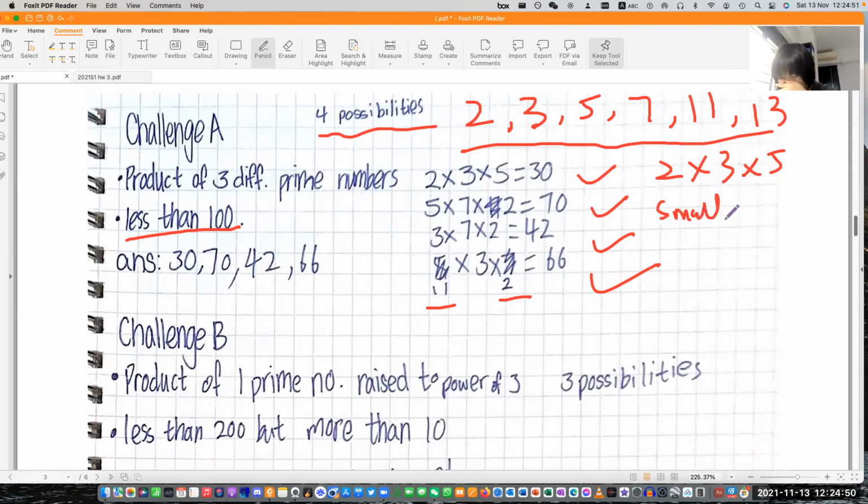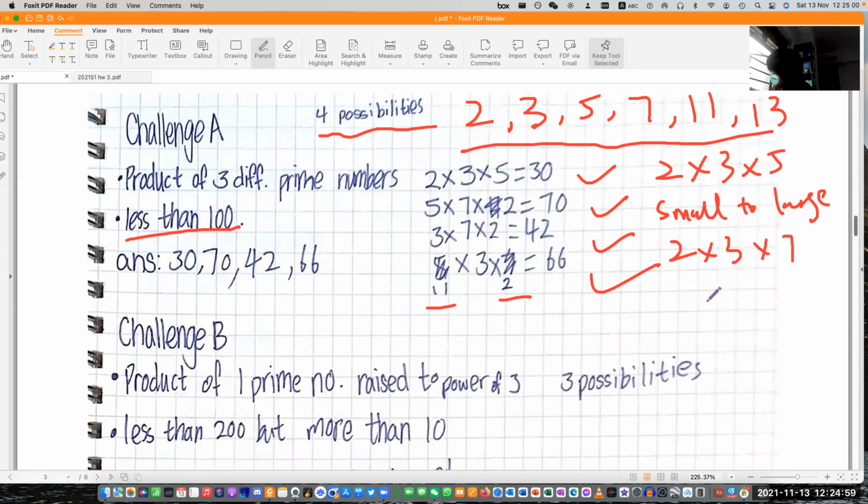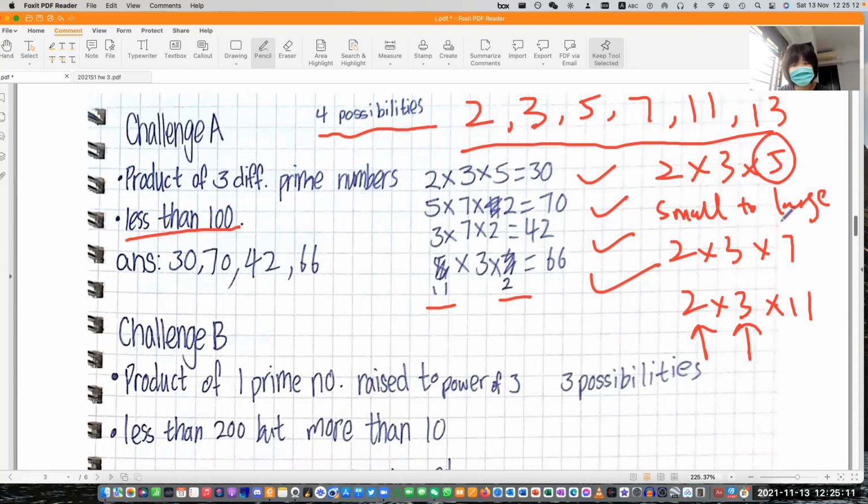Then you test 2 times 3 times 7, and then 2 times 3 times 11. Without changing the first and second prime numbers, you keep changing the third one. Understand?